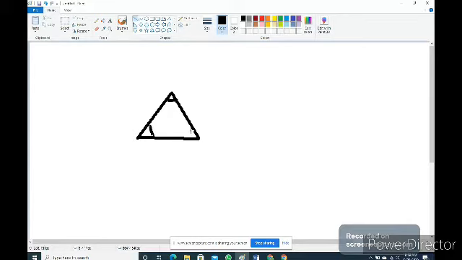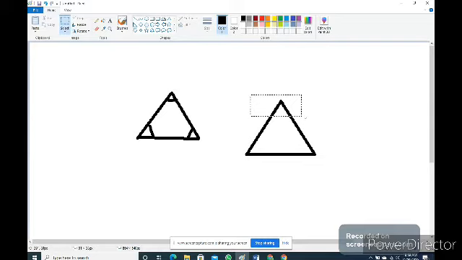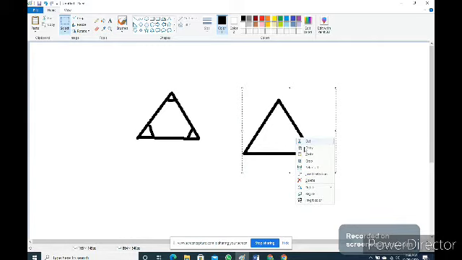We can find that these two triangles are going to be congruent, and there are some criteria where we can find that these triangles are congruent to each other.